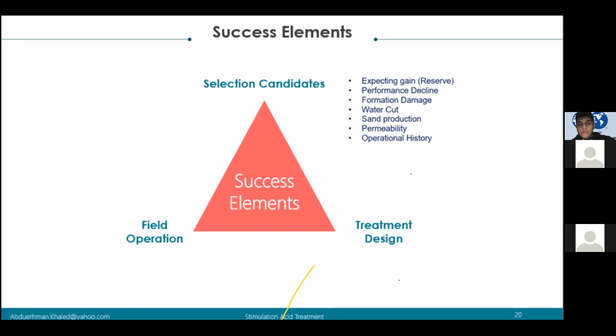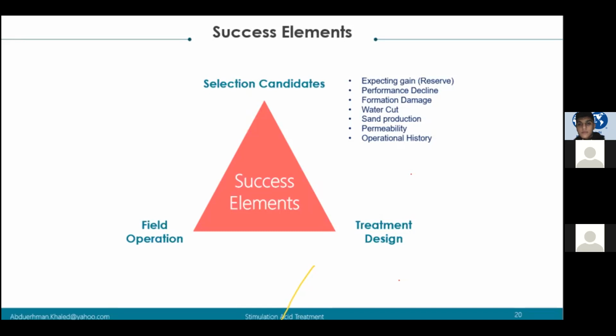Another thing you make sure of is that this well has potential, so there's a good reserve in that well, so it deserves investing money on that well.